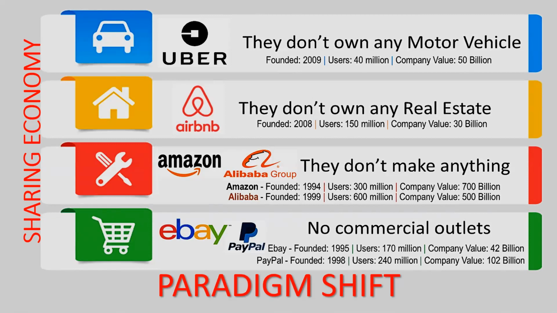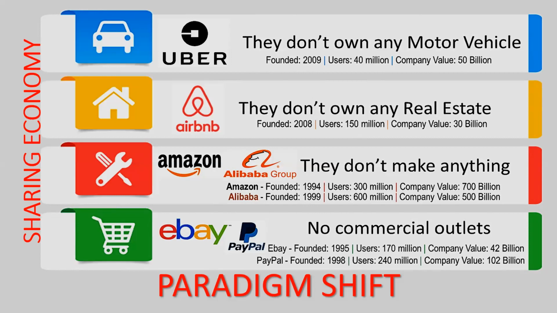And Amazon, they don't make anything, yet they're able to provide a lot of goods and services, as well as eBay. So basically, the paradigm shift with all these different sharing economy platforms is that they don't own anything. They're not the owner of the goods and services, yet they're able to earn from the platform and share the wealth.